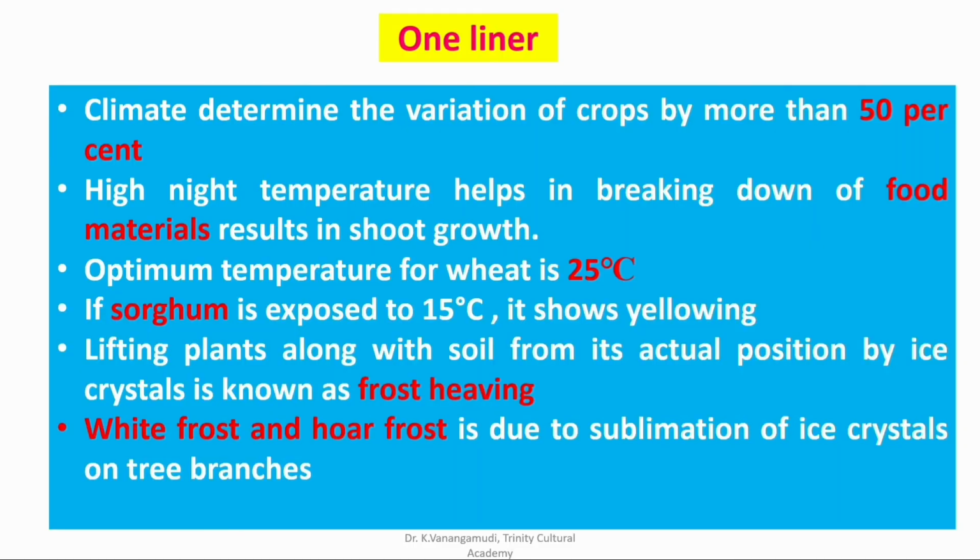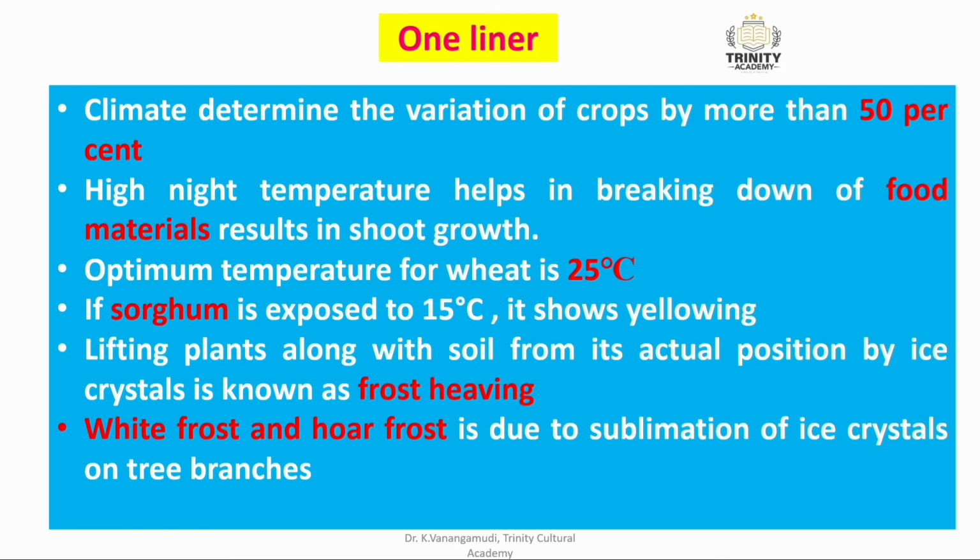As per feedback of our friends, let me discuss on one-liner now. Climate determines the variation of crops by more than 50%. High night temperature helps in breaking down of food materials that results in shoot growth. Optimum temperature for wheat is 25 degrees Celsius. If sorghum is exposed to 15 degrees centigrade, it shows yellowing.